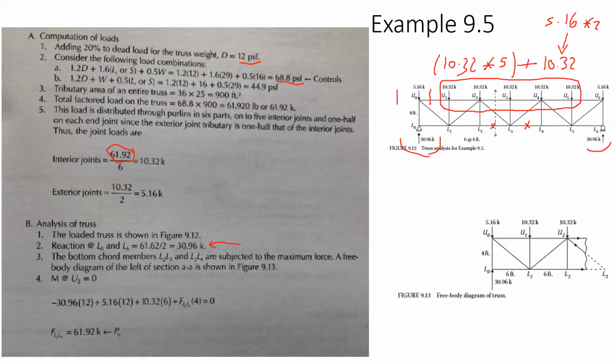The total of 61.92 divided by 2 gives me the value of each reaction. Does that make sense? Just to reiterate, we have all these loads, 1, 2, 3, 4, 5, 6, 7, with their values, add them up, and then divide them by 2. So we have the hinge and the roller reaction values found.